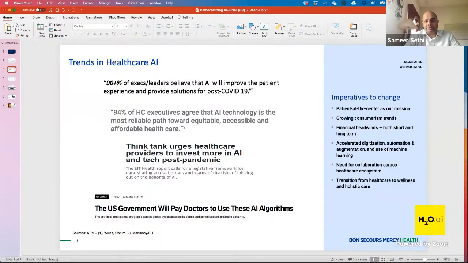As you can see on the screen here, there are quotes issued in the public domain today that show that AI is here to stay. So we at BSMH have made this a priority and have made a commitment to embed AI in different ways into the way we work, and also make it a key area for our growth.